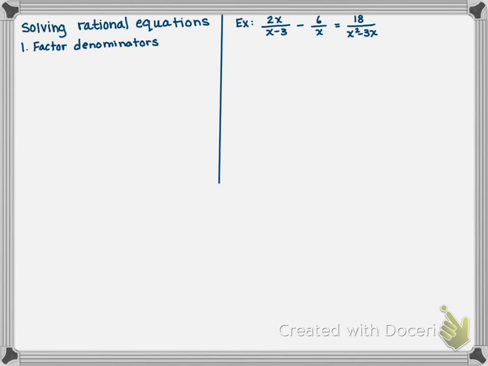And so we have 2x, and x minus 3 doesn't factor, so I'm just going to put it in parentheses. And then x is a monomial, so it's not going to factor. And then over here I have a GCF of x, so I have x times x minus 3.